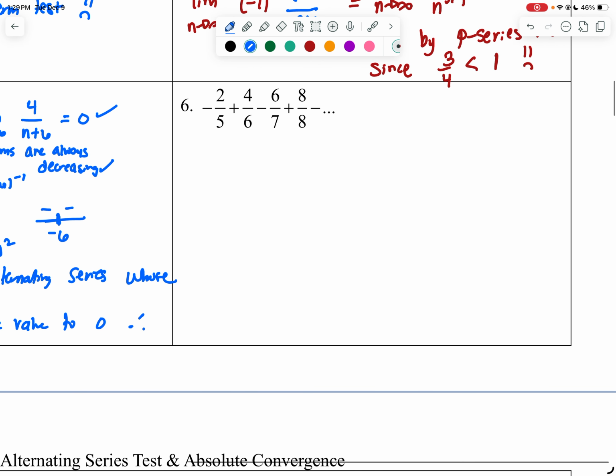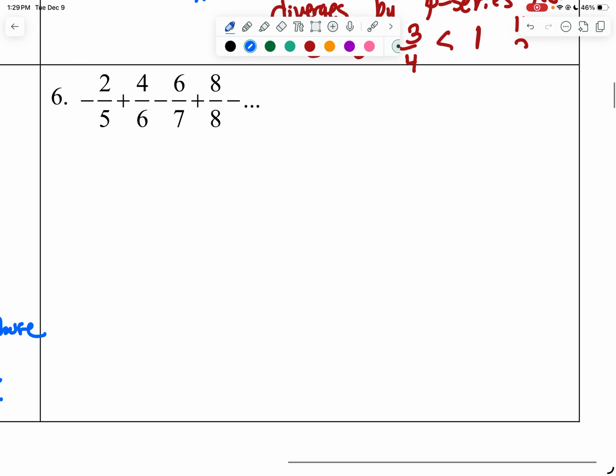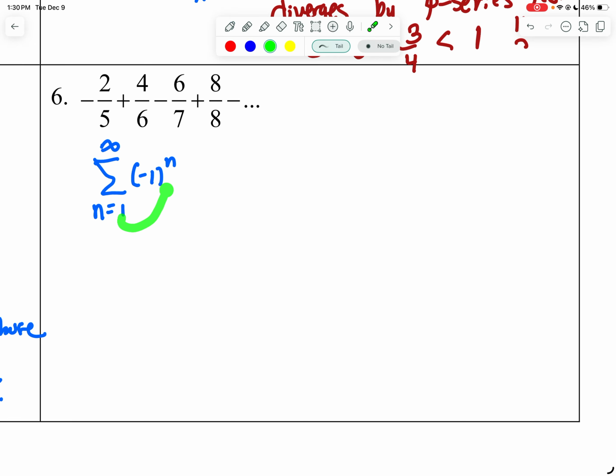All right, looking at number 6 here, what we're going to do is think, okay, I have a negative first. So I am not going to do any plus 1s. I'm just going to do negative 1 to the n, because if I do negative 1 to the n here, that's going to give me negative 1 to the 1, which is going to give me a negative starting point. My top here, notice how it's all even, so that's just going to be 2n. And then my bottom here, I'm going up by 1, but since I'm starting at 5, that means that I have to have an n plus 4.